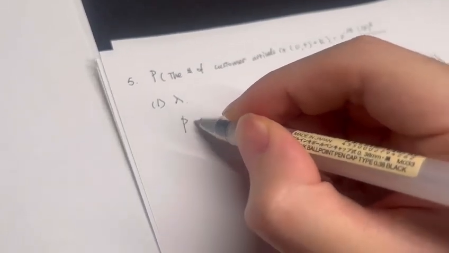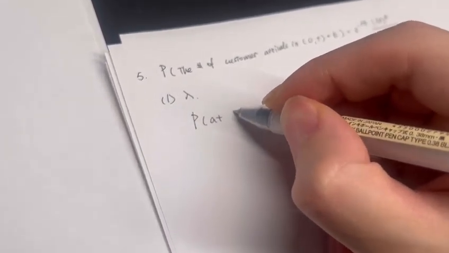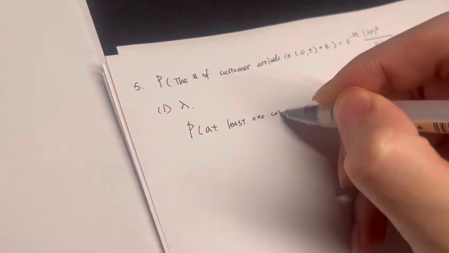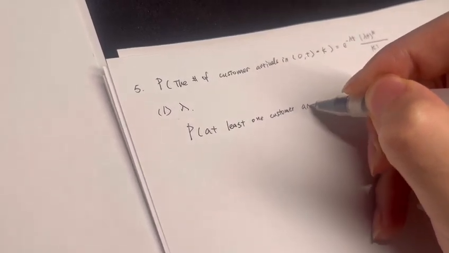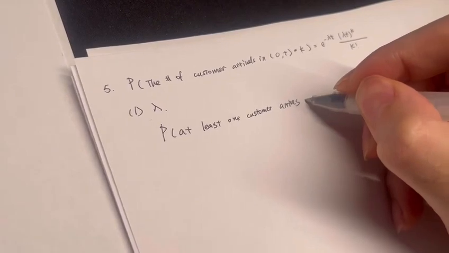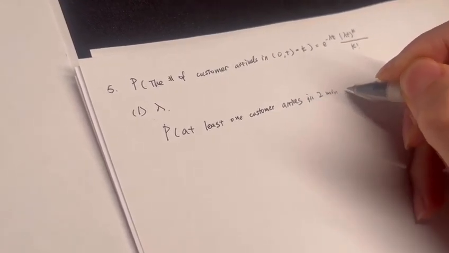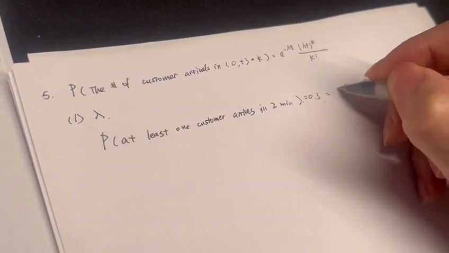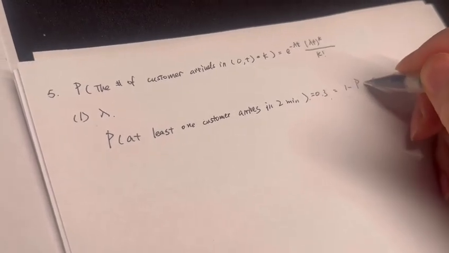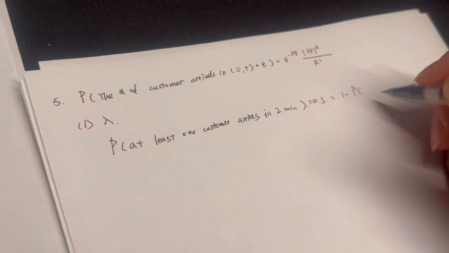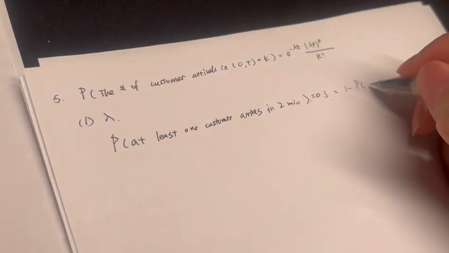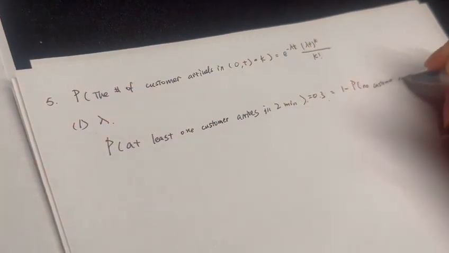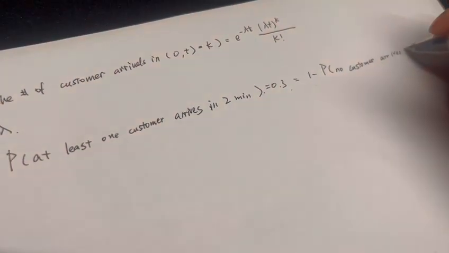The probability of at least one customer arriving within 2 minutes equals 0.3, which is one minus the probability that no customer arrives in 2 minutes.